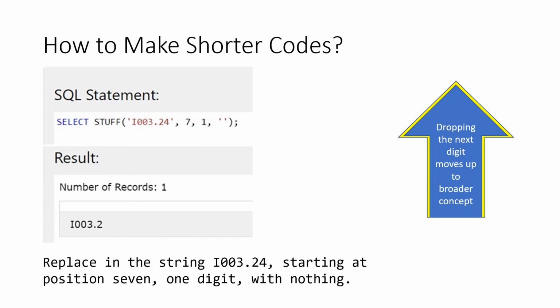It means replace in the string I003.24, starting at position 7, one digit with nothing. So there you see the result is I003.2. You can adjust this kind of stuff command to continuously drop and look at shorter and shorter codes.